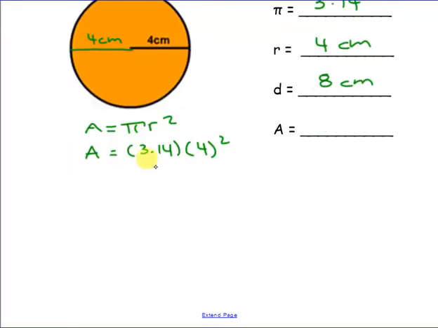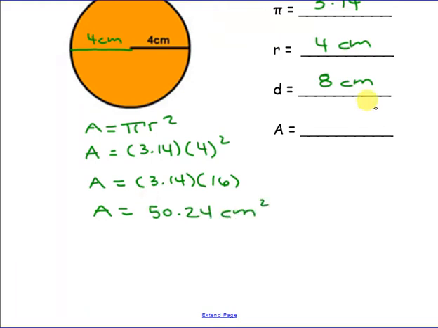Now again, we're always going to solve for our exponent first. Area equals 3.14 times 4 squared is 16, and then we just multiply those two together. So we have 3.14 times 16, which is going to give us 50.24 centimeters squared.